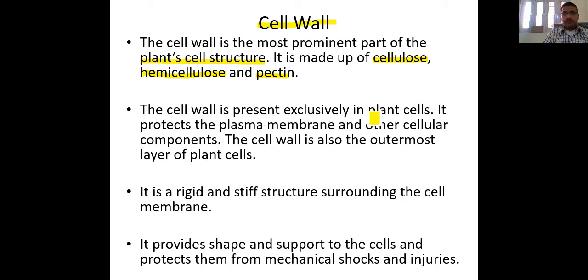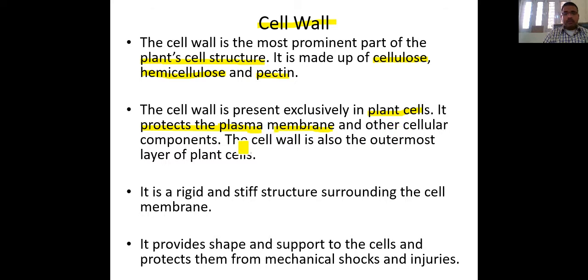It is basically found only in the plant cell. It protects the plasma membrane and other cellular components which are inside the plasma membrane.